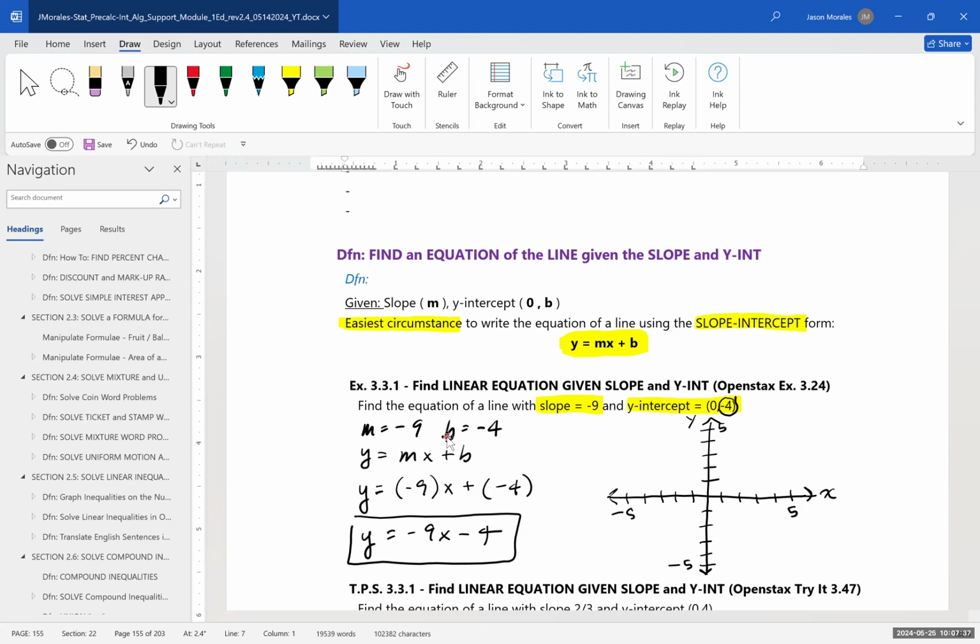Okay, so our y-intercept is at -4, which is right here. And our slope is -9. So remember, you can write that as -9 over +1 or +9 over -1.